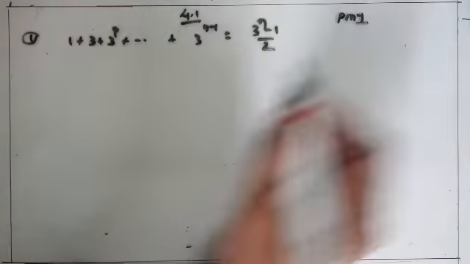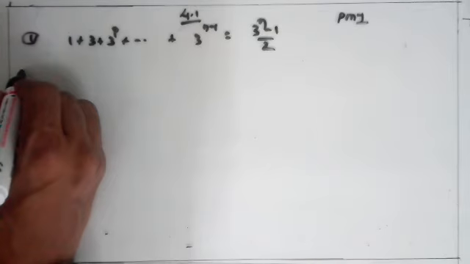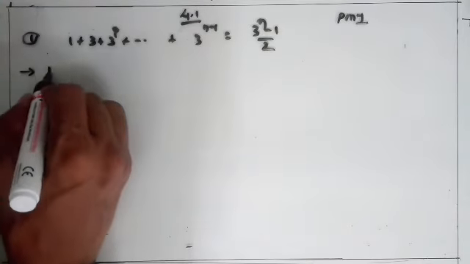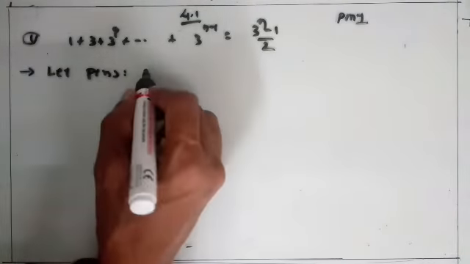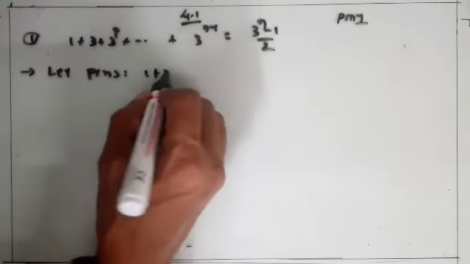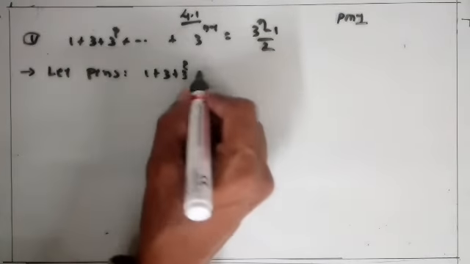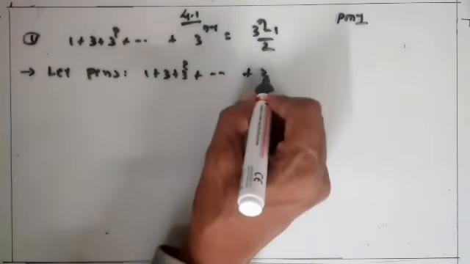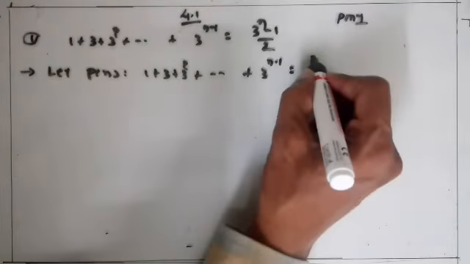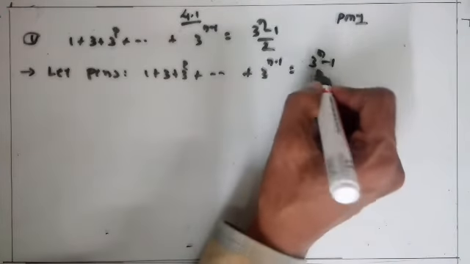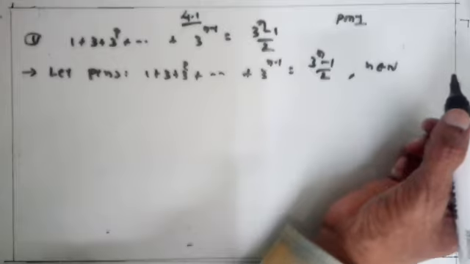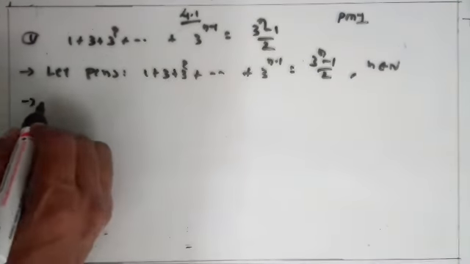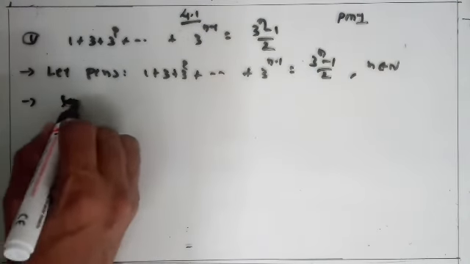For this, first suppose Pn is the given statement, 1 plus 3 plus 3 square plus up to 3 raised to n minus 1 is equal to 3 raised to n minus 1 upon 2, n belongs to N.